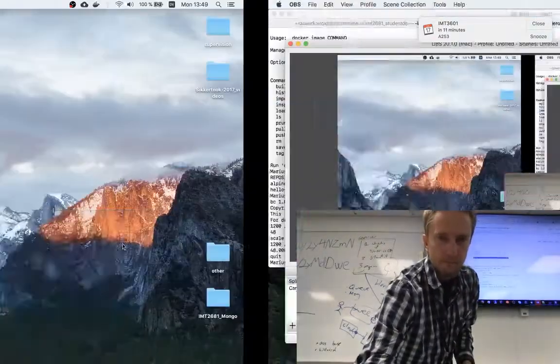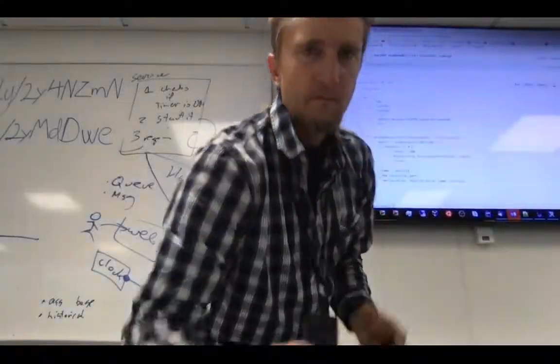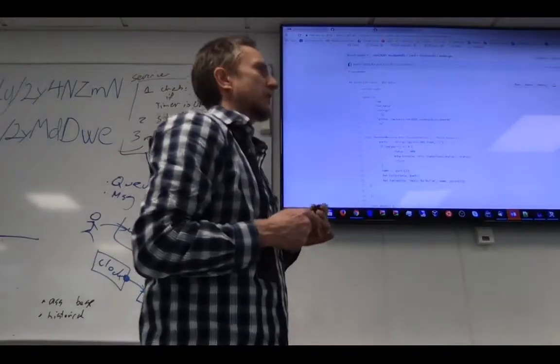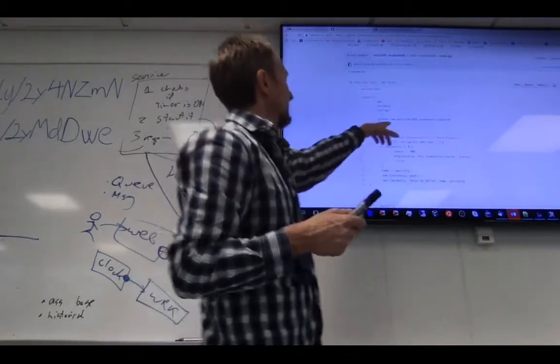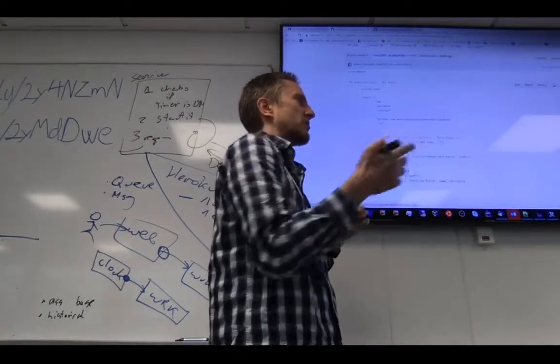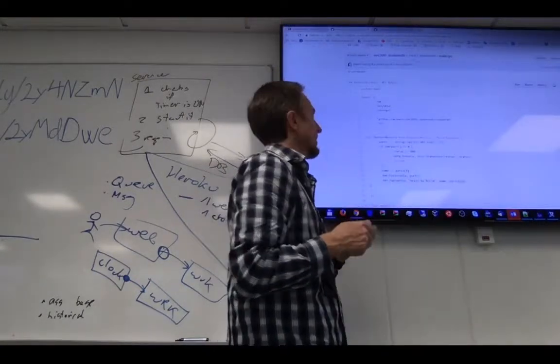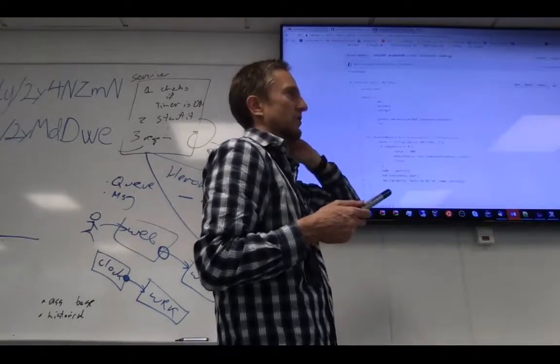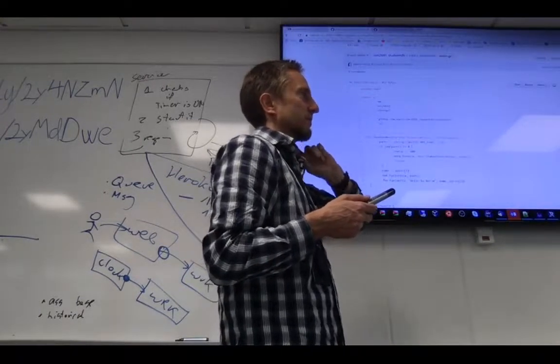Is that a file system path or is it actually GitHub? It's actually GitHub, yeah. So that is referring to the global namespace, and if I haven't imported it, it would fetch it from GitHub, right?